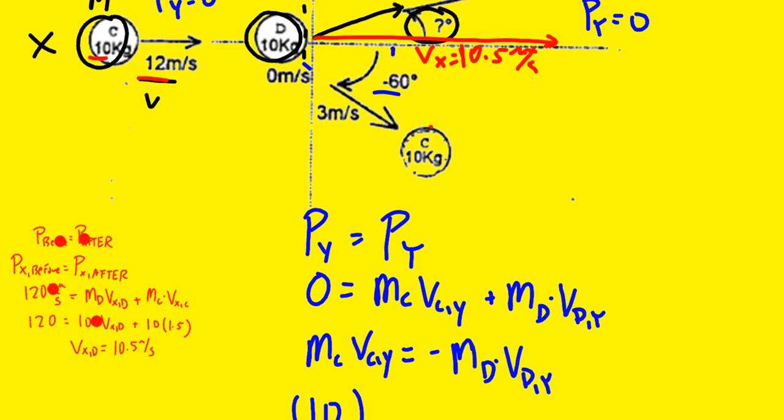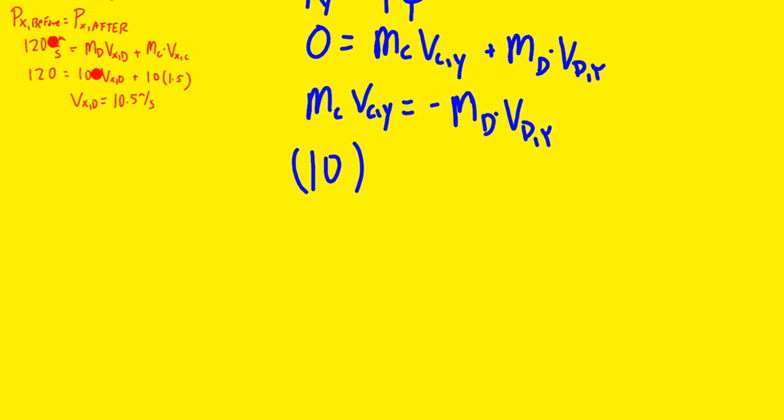This is the y component of the 3 meters per second, so it's 3 times the sine of 60 degrees, which comes out to be about 2.6 meters per second.